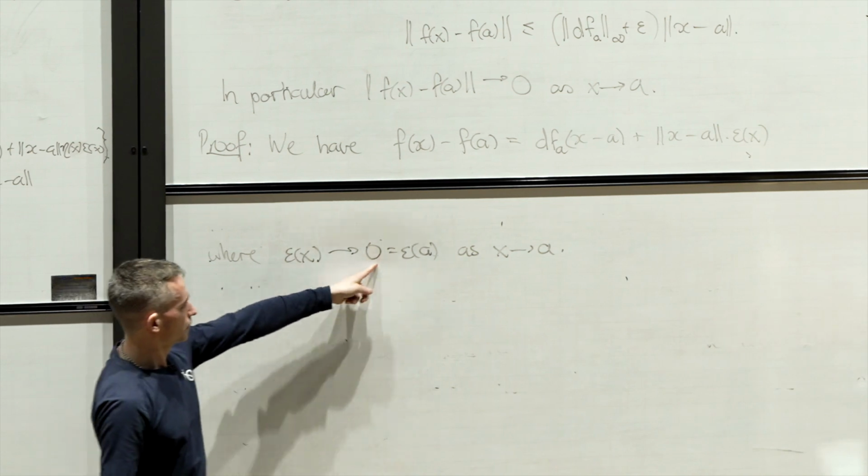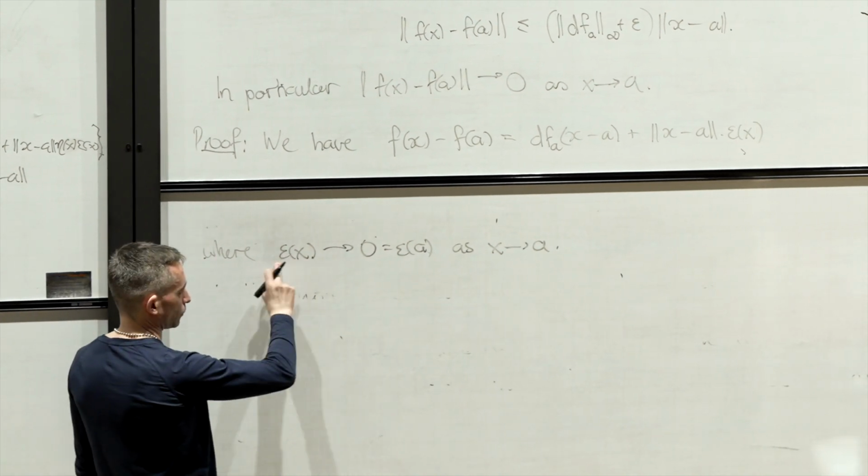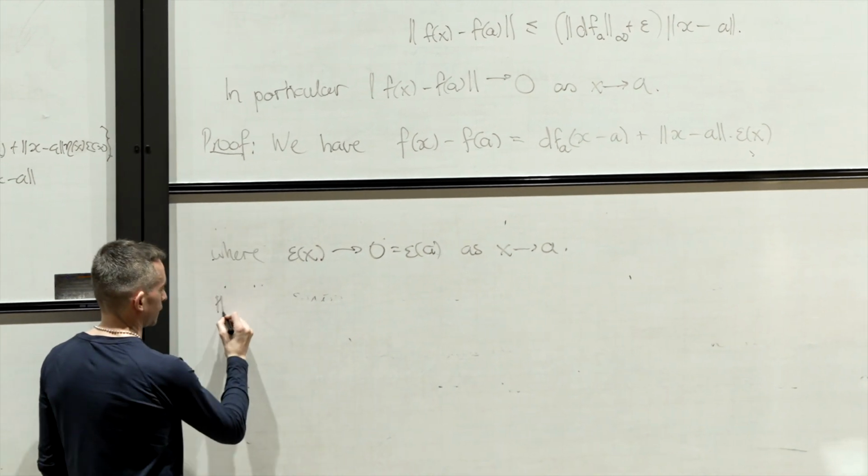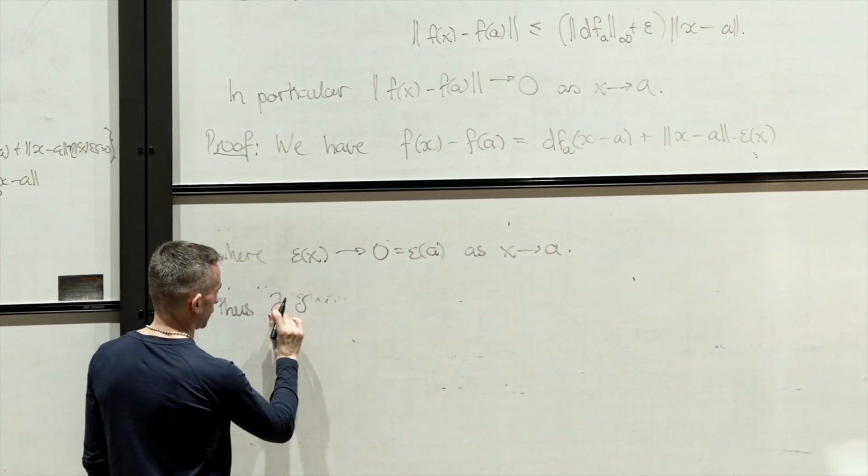Okay, so that just means I can make the norm of this as small as I like, so long as I insist x is close enough to a. So thus, that's exactly what we need.